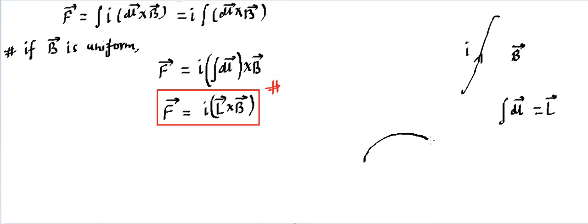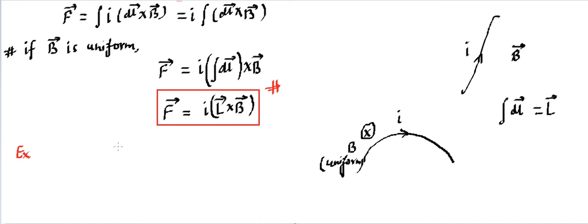Let's say if I show some picture different than this, any picture we can think of. Let's say this kind of wire is given to us, and in this wire, let's say the magnetic field has been given uniform and it is inside. This kind of small example. So the magnetic field is into the plane and the magnetic field is said to be uniform. As soon as it says it is uniform, then we can simplify the formula and we can write the force.